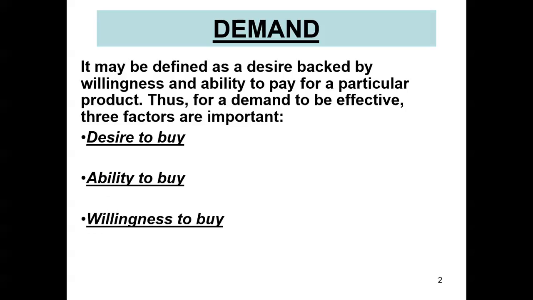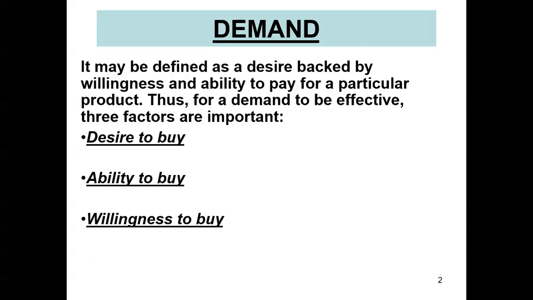For example, if I wanted to purchase a Mercedes Benz car, I desire to buy, but I'm not in a position to buy because my income is not sufficient to purchase the Mercedes Benz car. So that is not a demand for that particular product. First, you should not just desire to buy.